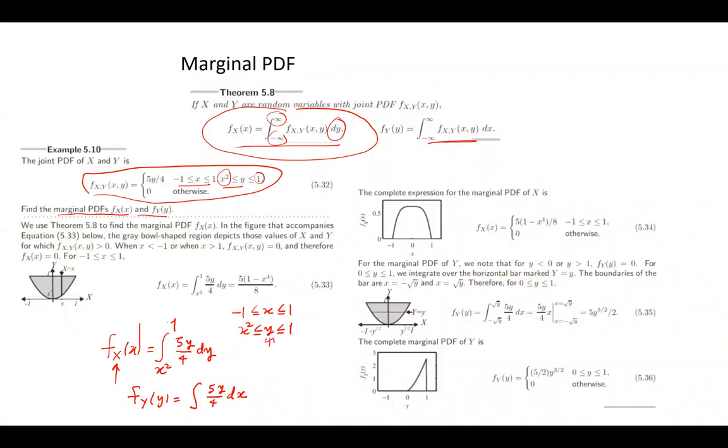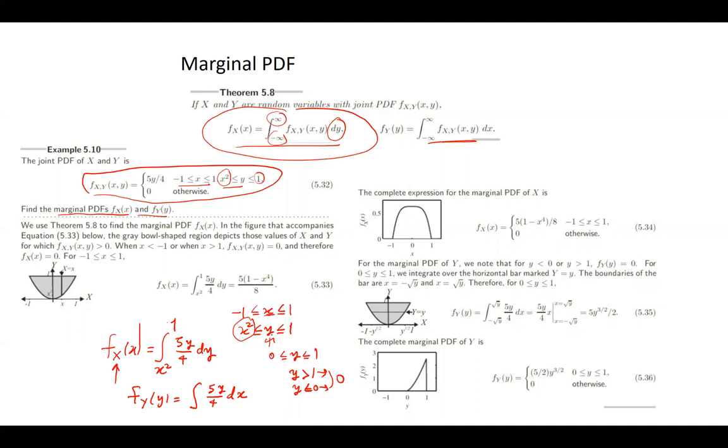Y will be between 0 to 1 because x squared is always positive, so we can take the range from 0. That's the minimum value. So when y is greater than 1, that's 0. When y is less than 0, it's again 0.